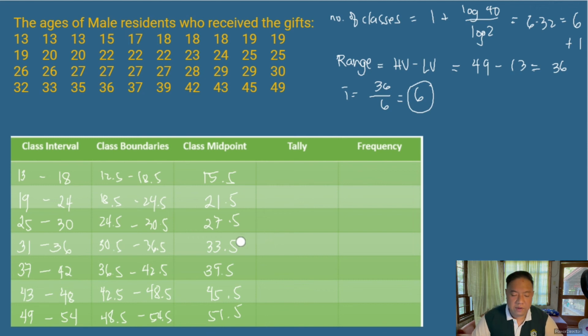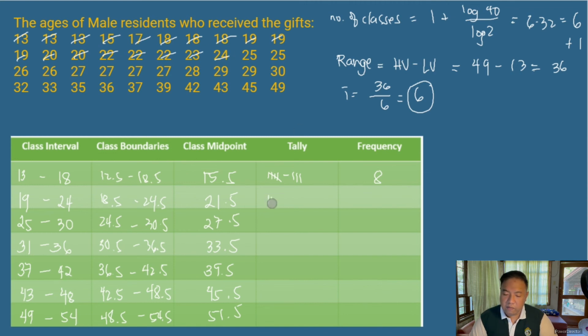How many values are there within the interval 13 to 18? 1, 2, 3, 4, 5, 6, 7, 8. So that is our frequency. 19 to 24: 1, 2, 3, 4, 5, 6, 7, 8, 9, 10.